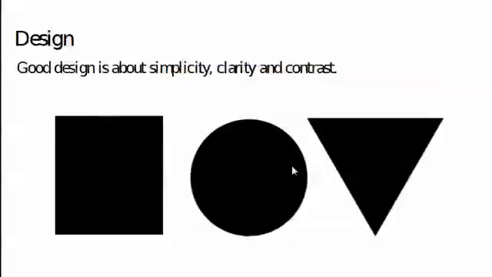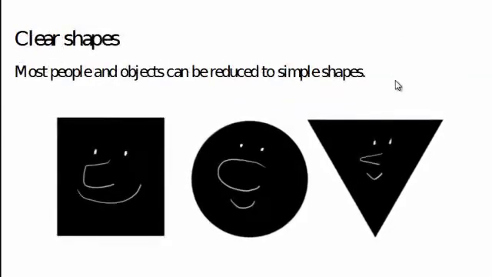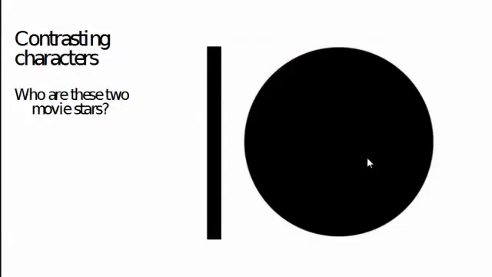Caricaturists know this, that everyone is reducible to a simple shape. So we can draw a sort of smiley face on these characters, and already they've got a little bit of personality to them.